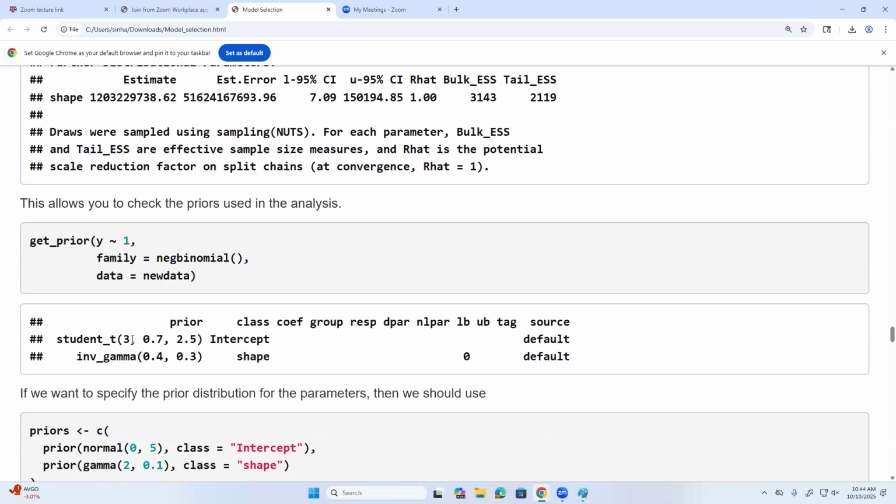So Student t is a very flat prior, remember, with very low degrees of freedom. This is the center value, and this is the scale parameter. So it is not a low variance prior. It has a very fat tail prior distribution, and an inverse gamma prior for the shape parameter.